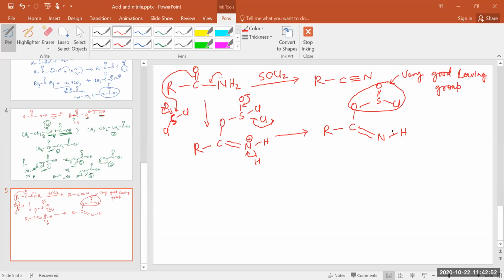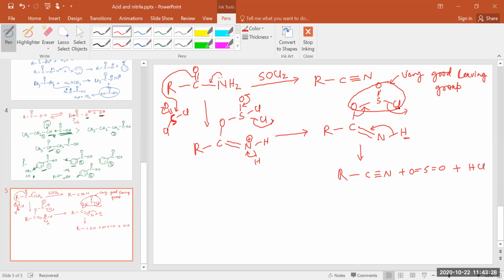So what will happen? This bond will break and this will go and chlorine will leave. Okay. So what will be the product? The product is the carbon triple bond nitrogen now, and sulfur dioxide gas will be released, and HCl will be the byproduct, H from here and Cl minus from here.